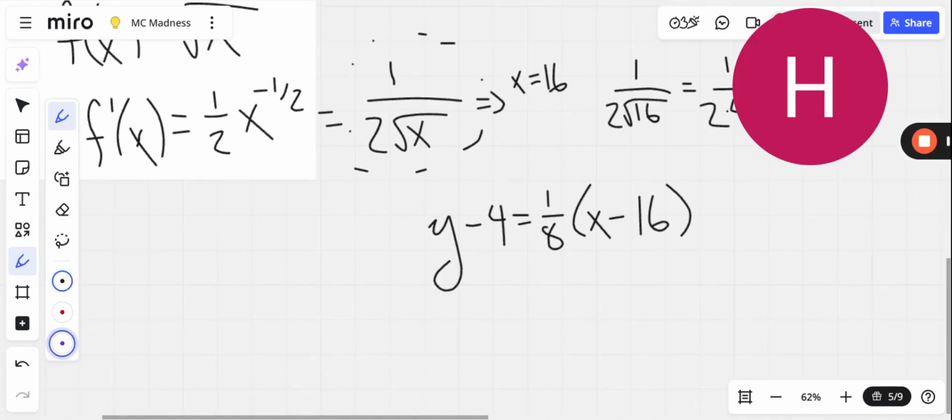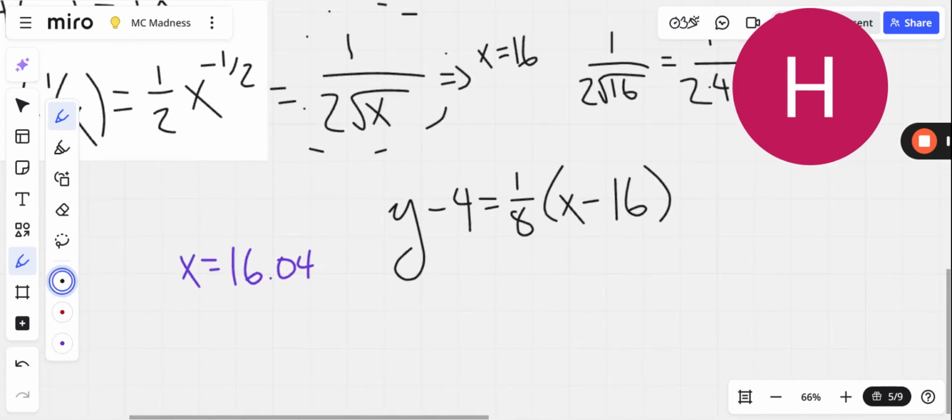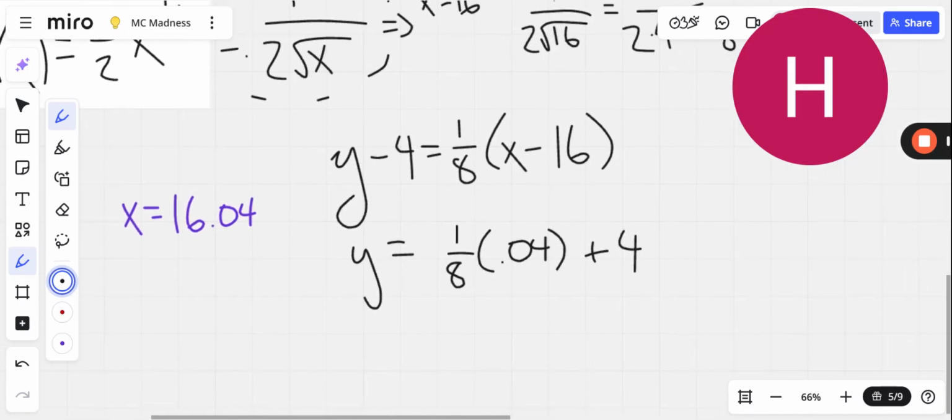Now, since we're using this tangent line for the value x equals 16.04, we'll see what's happening here. This is going to be 1/8 times 0.04, and then plus 4. That's going to be our y value.